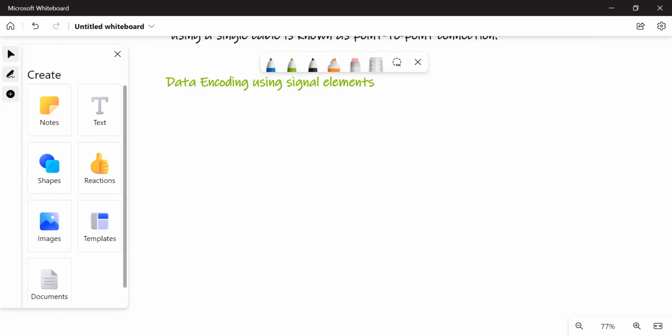Now, modulation means when you want to send a signal from one place to another, you have to use some other signal. This is what we call carrier signal. And then only you are going to use this, right? So let's see. What we have is modulation, right?